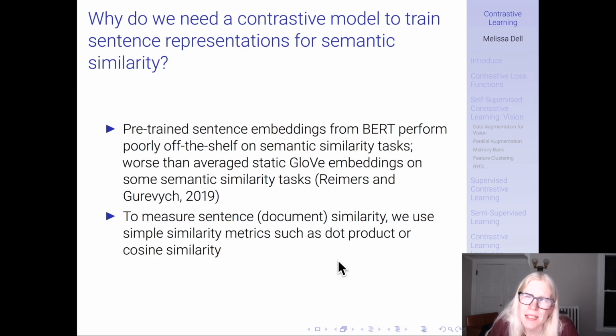Are these two texts different ways of saying the same thing? You might think, why do we need a contrastive model to train sentence representations for semantic similarity? Hasn't BERT already learned to do that, to give words similar representations based on their contexts?